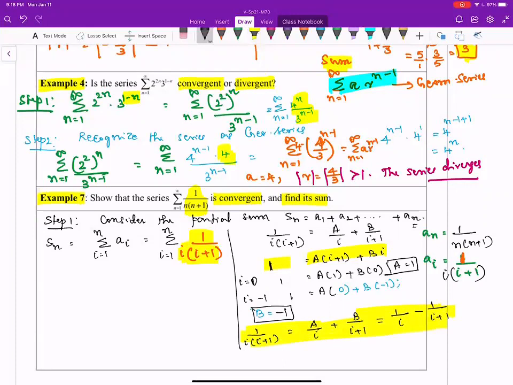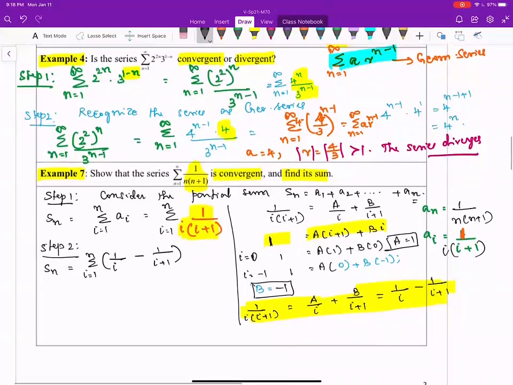Now getting back to this step, S sub n, this is step 2. So Sn would be sigma i varying from 1 to n. This 1 over i times i plus 1 can be written as 1 over i minus 1 over i plus 1. That's what we proved just now.